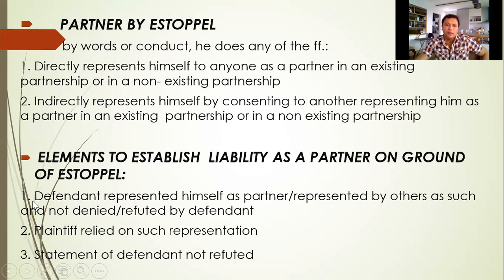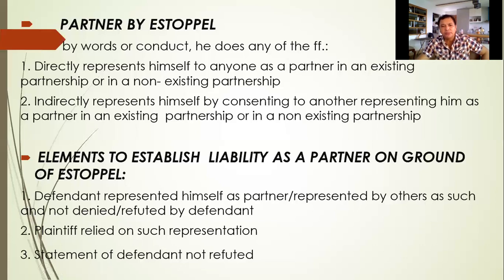So the partner who is guilty of estoppel or misrepresentation is now the defendant of the case. So defendant meaning he's the person who is sued in the court. So the defendant represented himself as partner, or he represented others as partners, and he did not deny or refute this false representation he made.